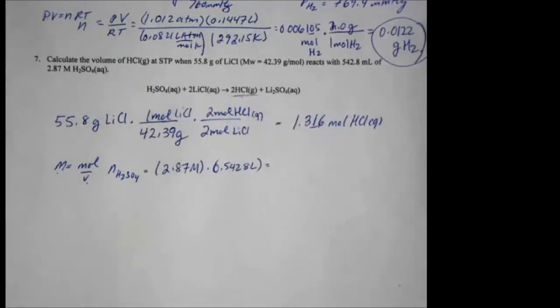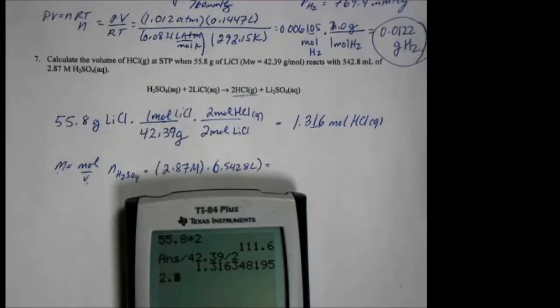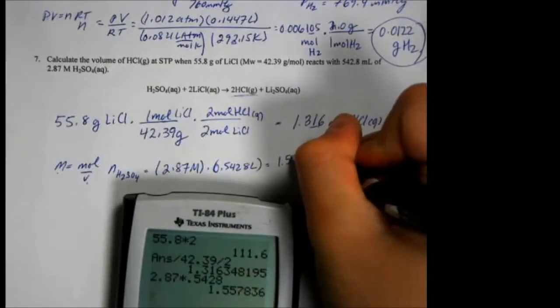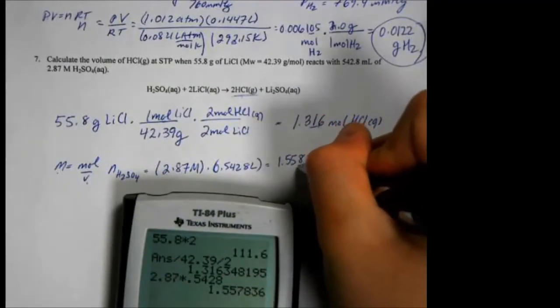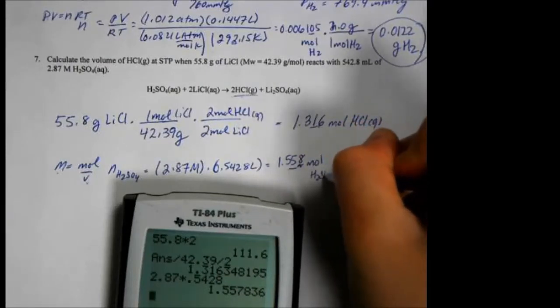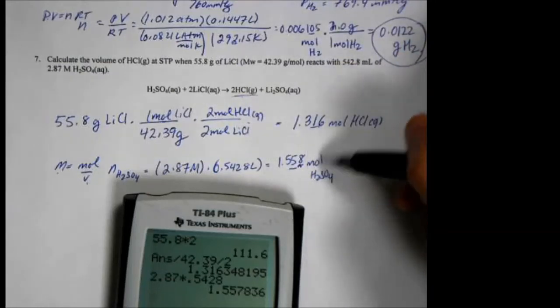So 2.87 times 0.5428 is going to equal 1.558 moles of H2SO4.